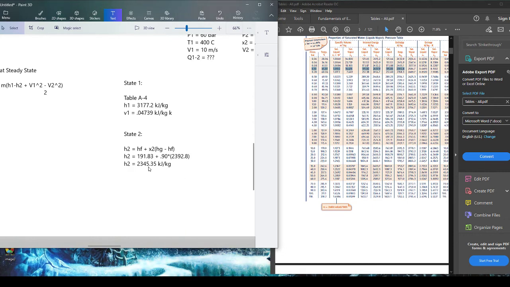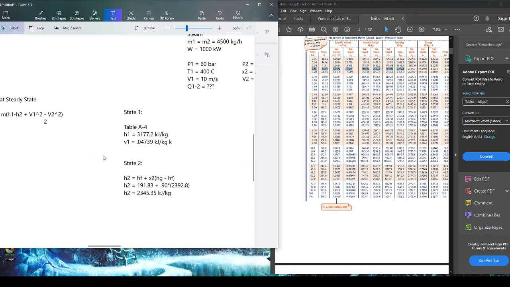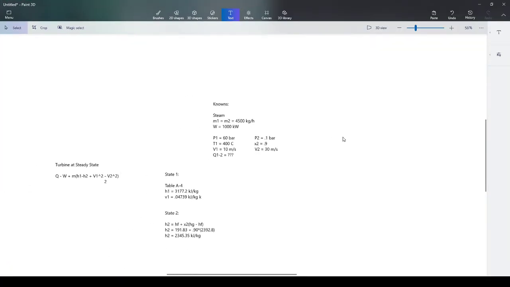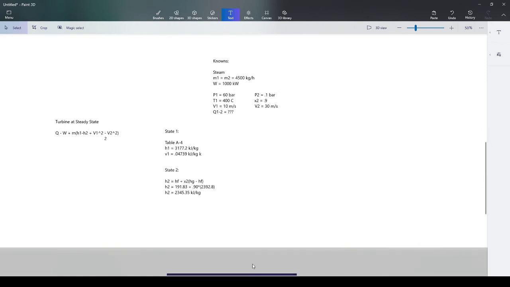But this is right. So now that we have this, we now have everything we need to solve this equation, right? We now have Q can be solved in terms of all the other things. So we are going to do that. So I'm going to go ahead and get rid of this out of my face and move over a little bit.